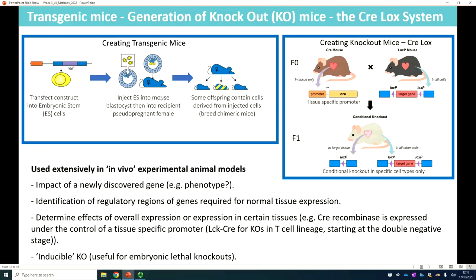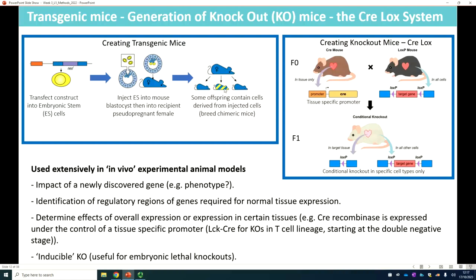And then you will inject that embryonic stem cell into a blastocyst, and then that will be implanted into a pseudo-pregnant female. A pseudo-pregnant female is one that's been given hormones to trick the body into thinking that it's pregnant, so it will accept the blastocyst. And then obviously you will get some offspring, and some of the offspring will contain cells that are derived from your injected cells and that contain your construct.